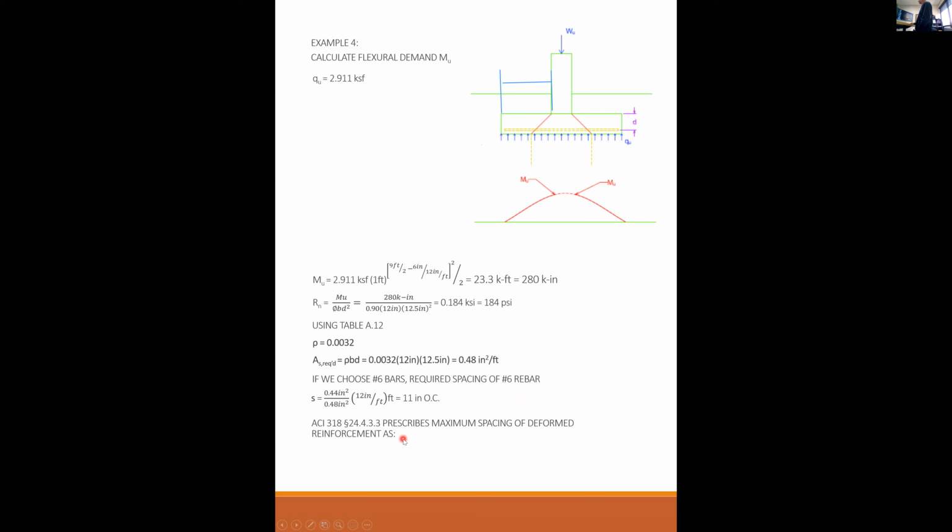ACI 24.4.3.3 prescribes the maximum spacing of deformed reinforcement as, and this is the same as the one-way slabs, if you remember, either 5h, so 5 times 16 is 80 inches, or 18 inches. 11 inches is less than 18, so we're totally good there.